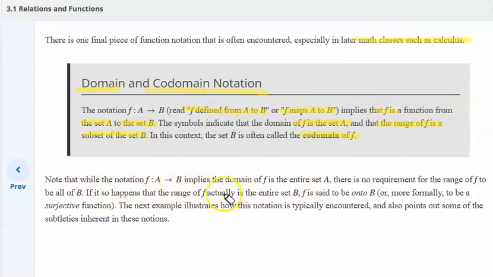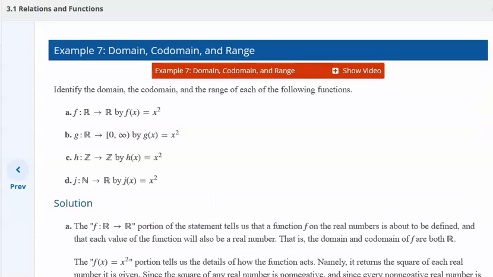If the range is the same as set B, we use the term onto, or surjective function. We'll illustrate that as we go on, but keep mindful of these key words. Now, we'll need some background information for this. It's example 7.